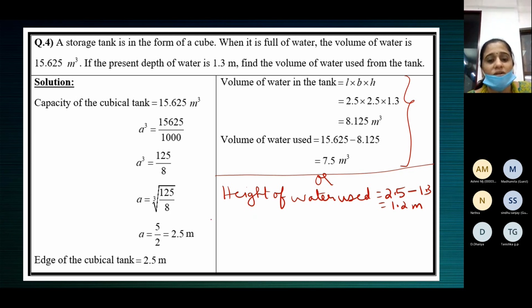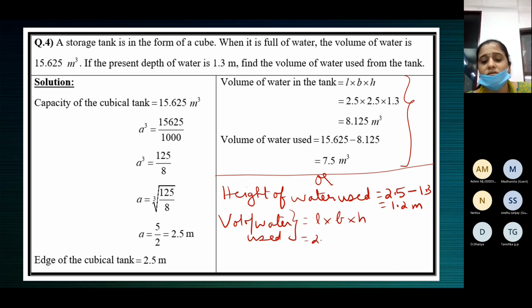So the volume of water used is equal to LBH.